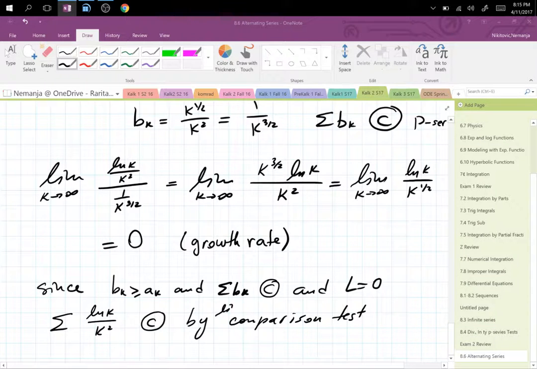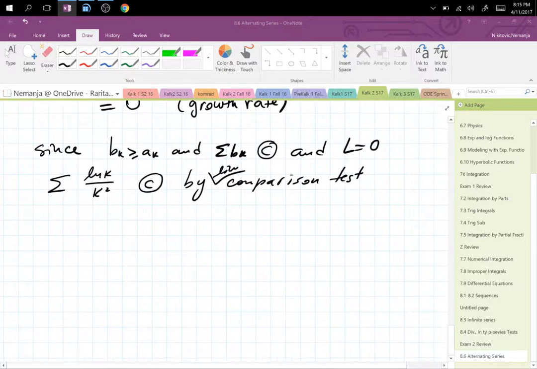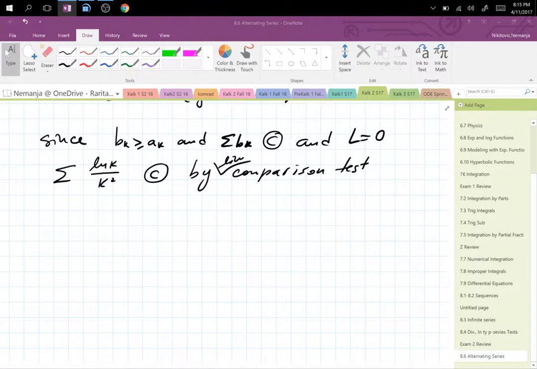Limit comparison. Need to put the limit comparison. So now that I know that all that converges, I can write the answer for the problem.